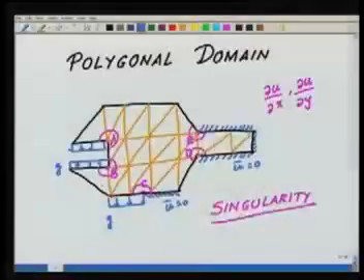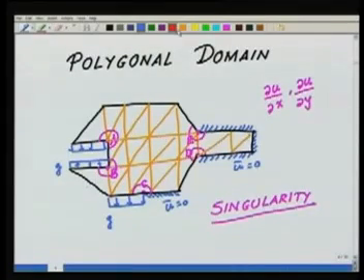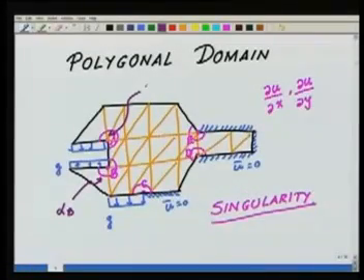Let me go back to our figure. Corresponding to each of these corners, by putting a local polar coordinate in the vicinity of the corner and doing an expansion of the solution in the vicinity of the corner, I will have for each of the corners a corresponding exponent of that r to the power of alpha term.